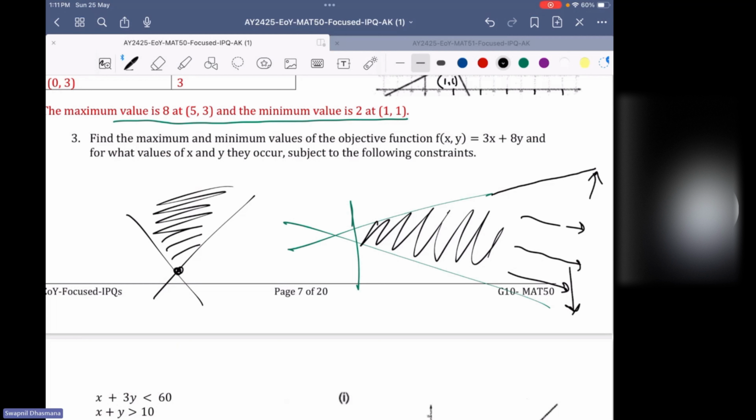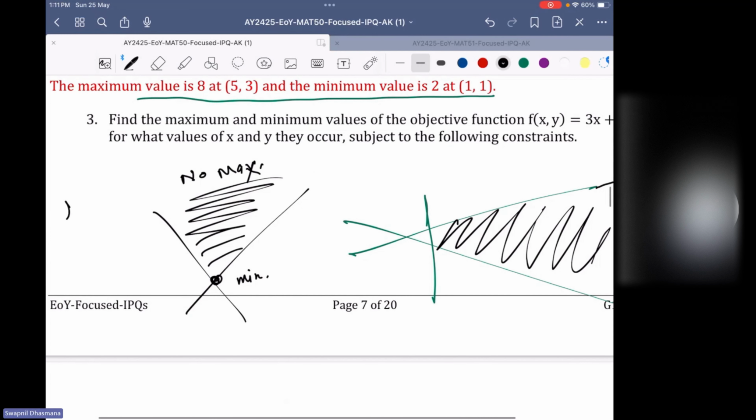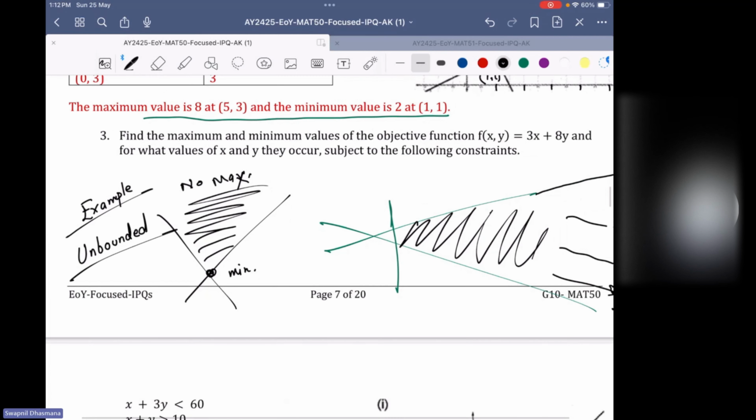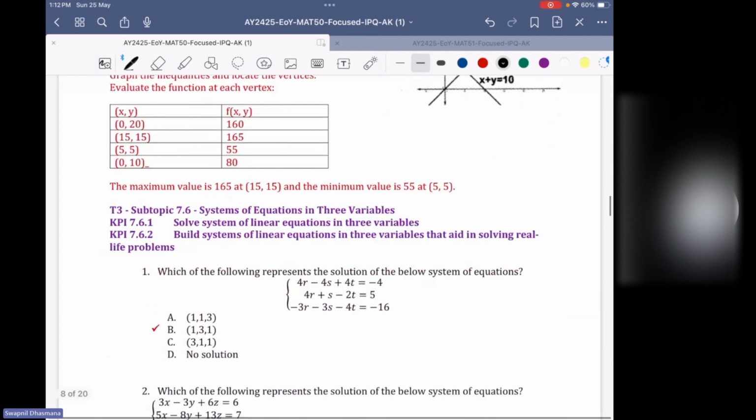It will have a minimum, but it will not have a maximum. So this is just an example. It is not related to question number 3. Unbounded means if it doesn't have boundaries, if it's open to one side. All right. But most of the examples are bounded regions.